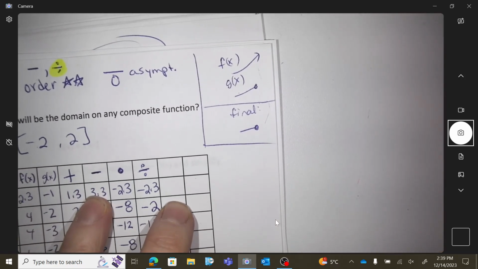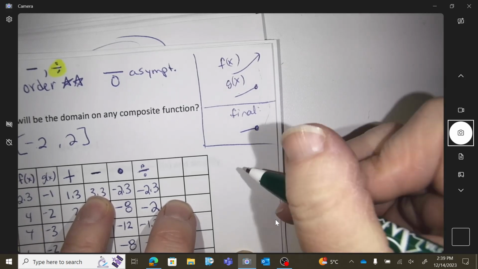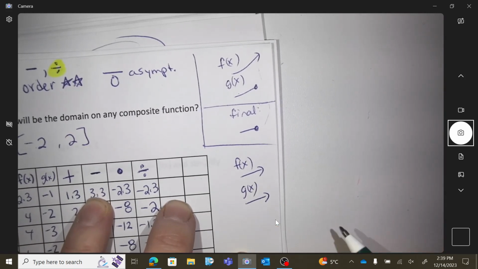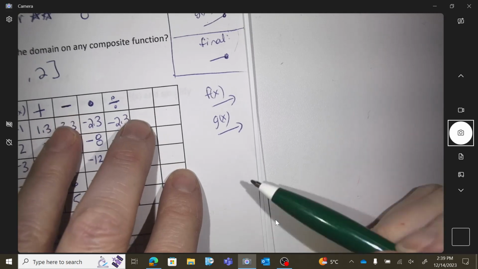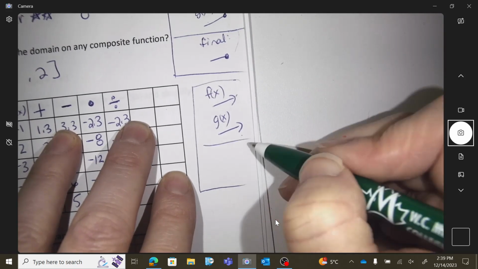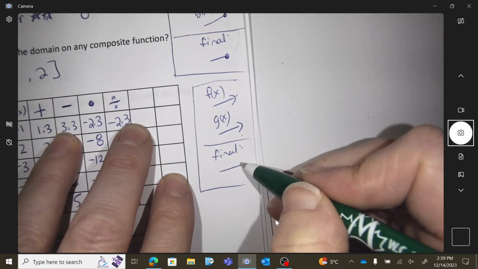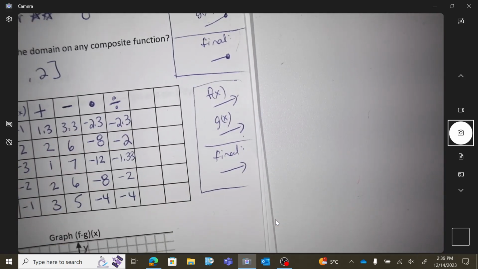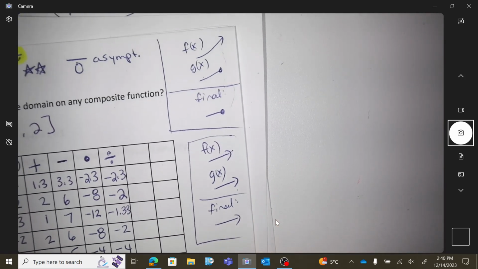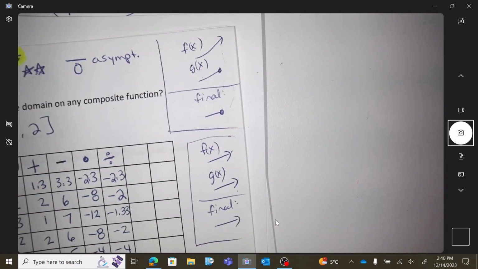It would have to stop, because it can't exist if they're both not there. So what if the f function went on and the g function went on? What would your final do? It would go on, right? Does that make sense? So you have to kind of watch those things. So if one has an arrow and one doesn't, you can't do the arrow then. If they both have arrows, then you can do the arrow.